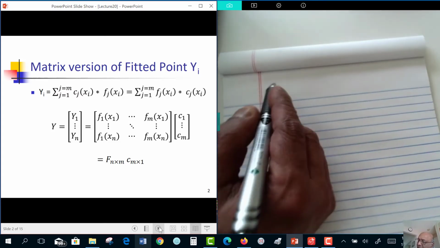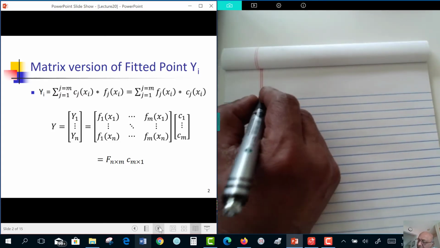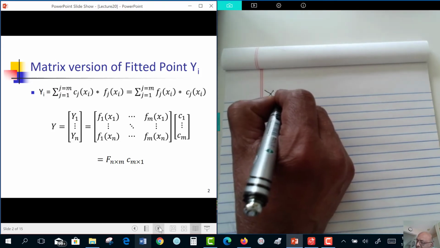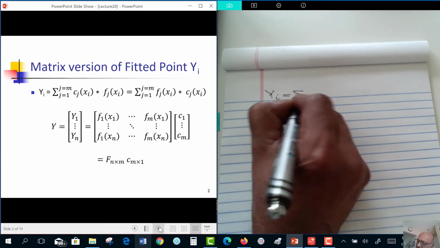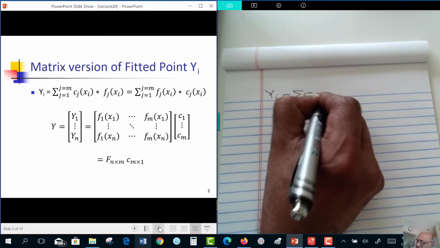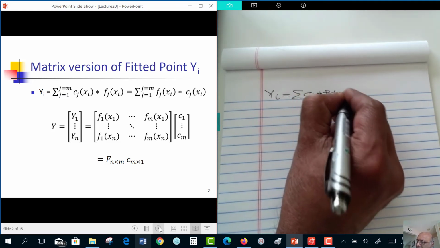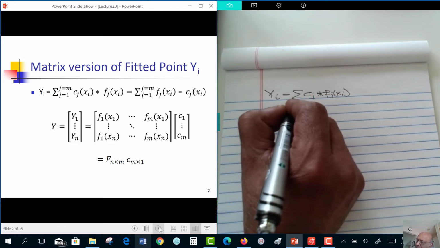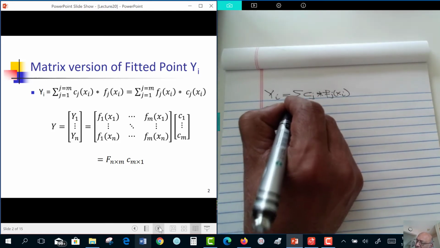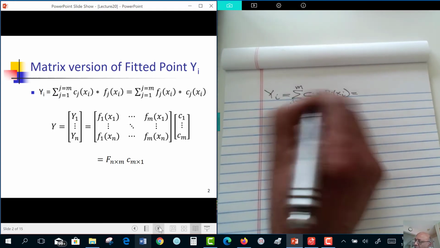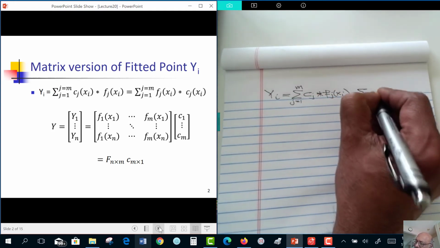So let's again look at how we can write this algebra using matrices. We had y as some constant times some function at xi, where j goes from 1 to m. Of course, the order of multiplication is not important.